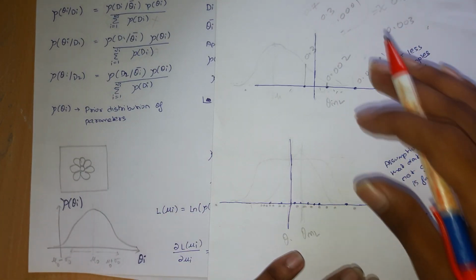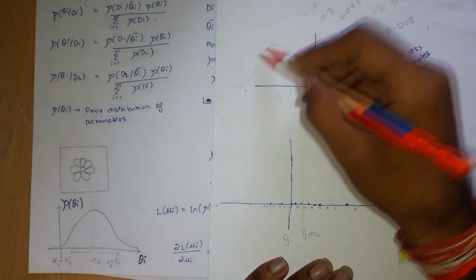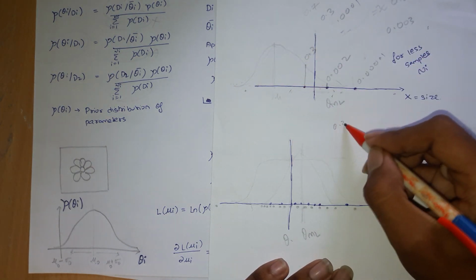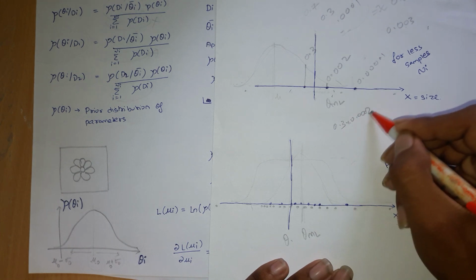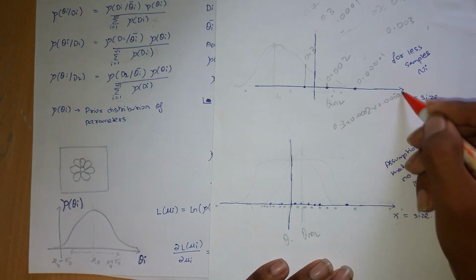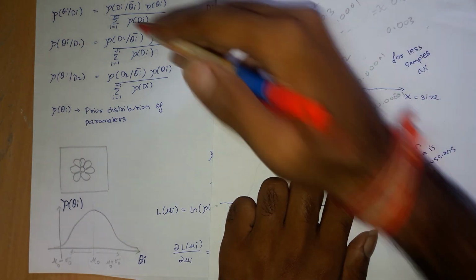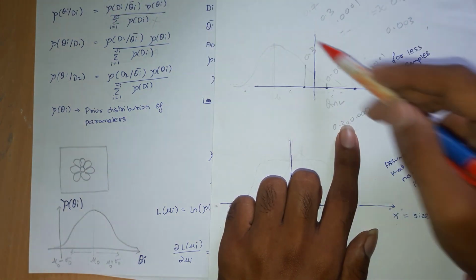But then what we are doing in math is this particular product of probabilities, 0.3 into 0.002 into 0.00001. So this particular product I am getting from here, the likelihood.